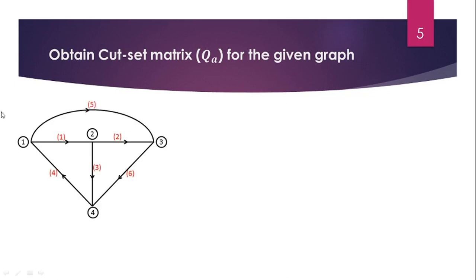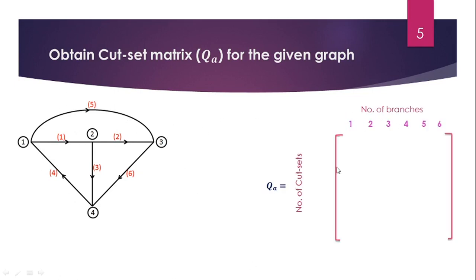Consider the graph given here. So what is the cut set matrix? The cut set matrix is the matrix between the number of branches and the number of cut sets. As we have already seen, the possible number of cut sets is 7.